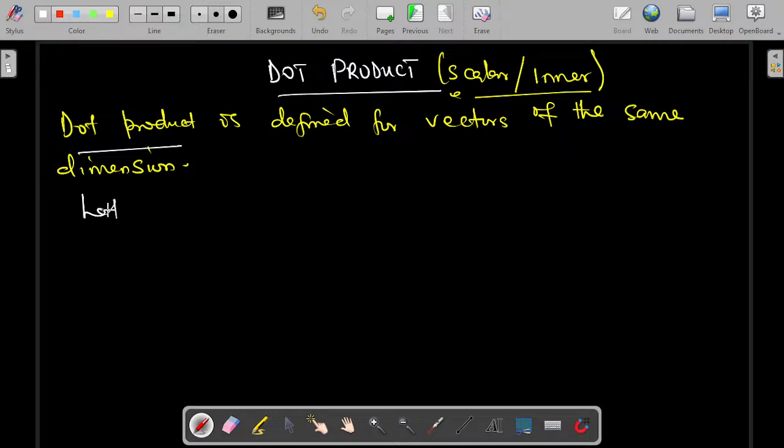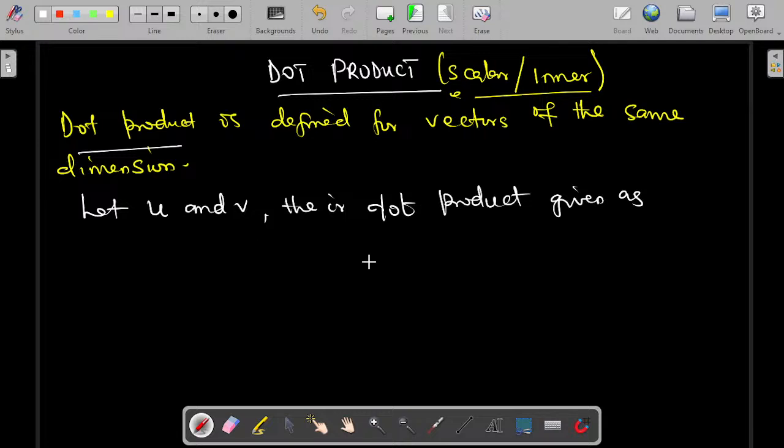Assuming that you have two vectors u and v, their dot product, u dot v, is defined like this.